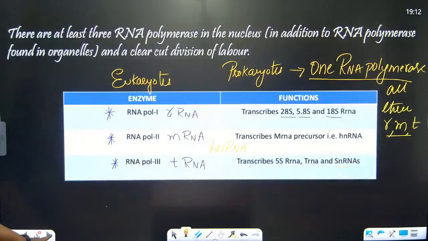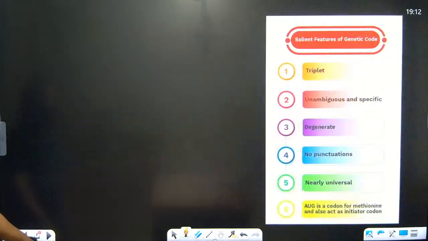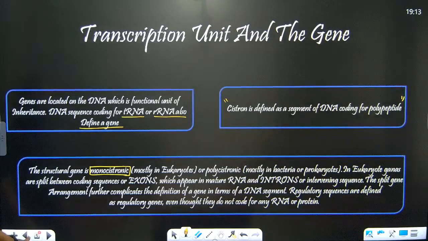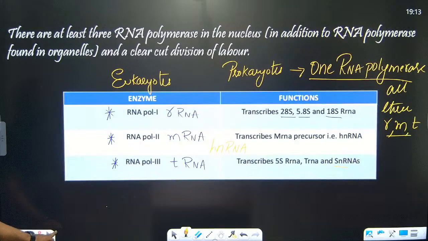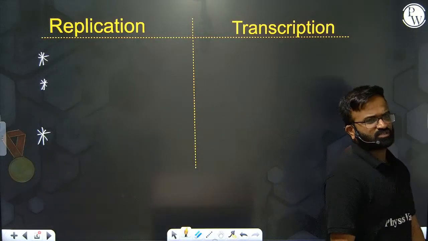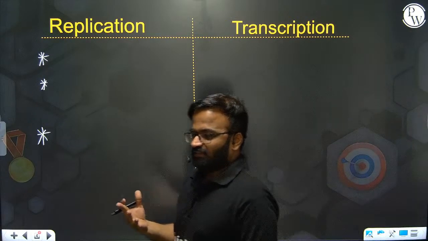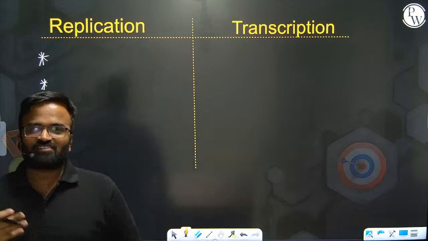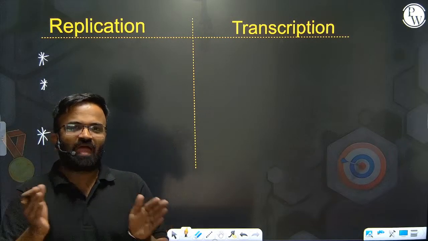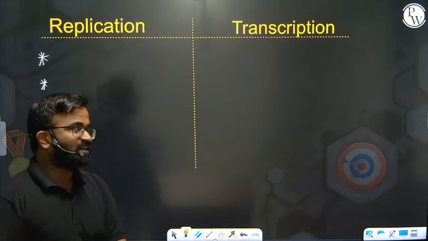So let's see the differences between replication and transcription. I have this strong feeling that this year you might see questions comparing transcription and replication as well.